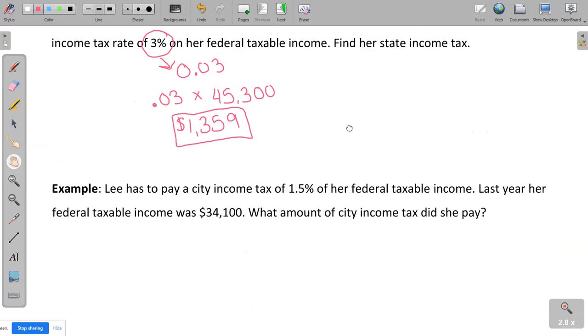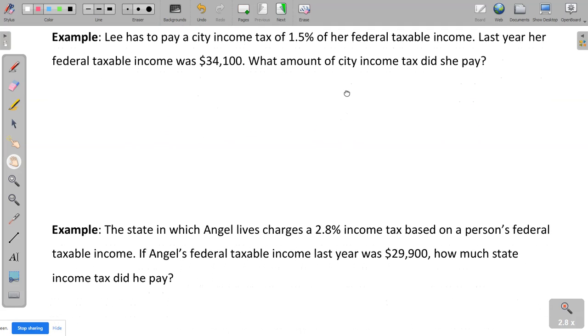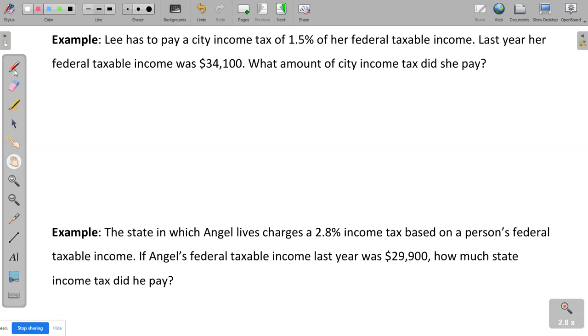Let's look at another example. Lee has to pay a city income tax of 1.5% on her federal taxable income. Last year, her federal taxable income was $34,100. What amount of city income tax did she pay? So we take the percent, 1.5, and change it into a decimal, 0.015.